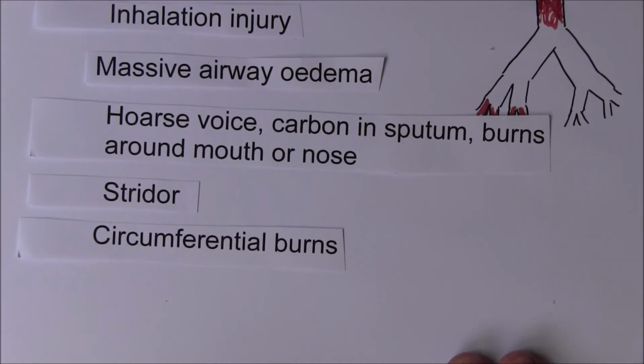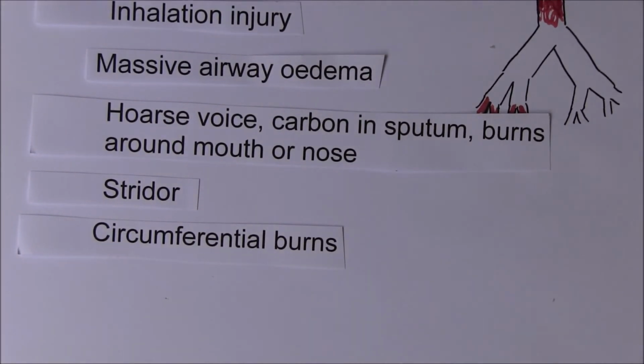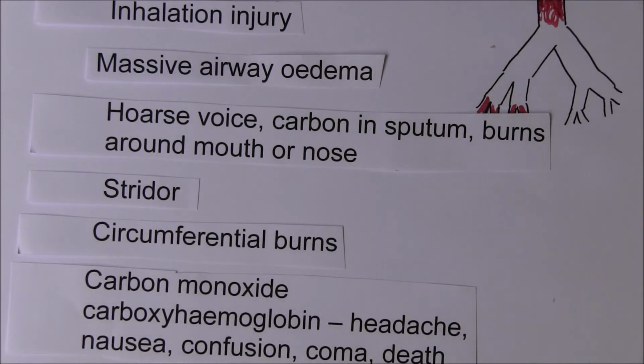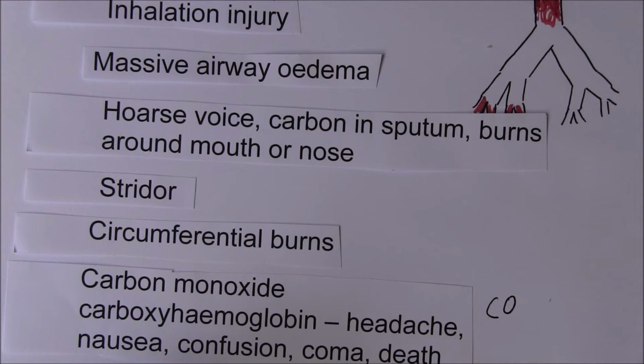Now, thinking about things that are inhaled, fires, of course, produce carbon dioxide, but they also produce CO, carbon monoxide. So carbon monoxide is just CO, not CO2 as in carbon dioxide. And the thing about the carbon monoxide molecule is it has a very high affinity for the hemoglobin molecule.